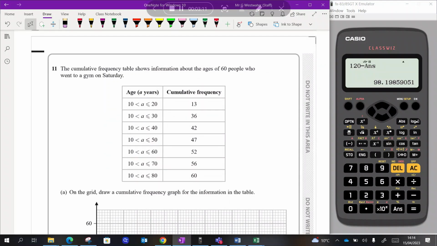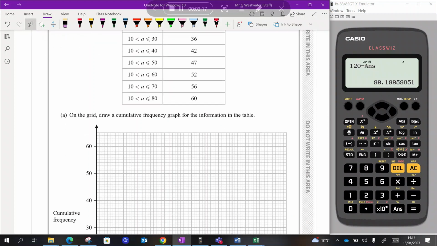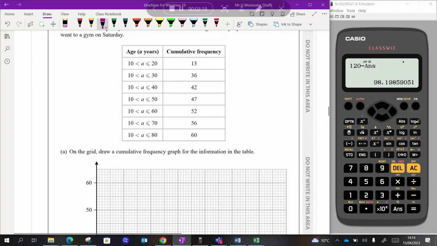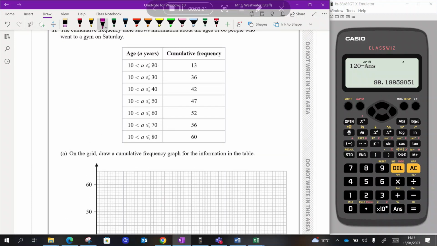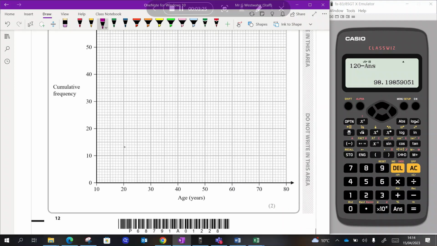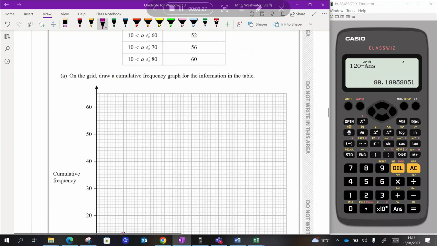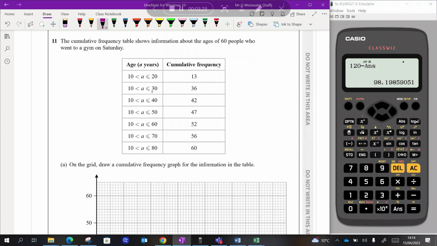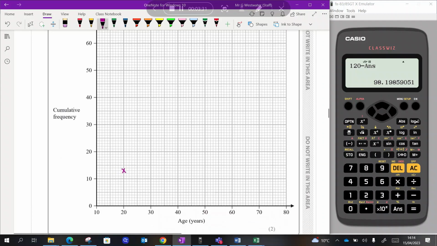The cumulative frequency table shows information about the ages of 60 people who went to a gym on Saturday. On the grid, draw the cumulative frequency graph. So by the time we get to 20, I've hit 13, so I'll have a mark at 13. By the time I get to 30, we've got 36.